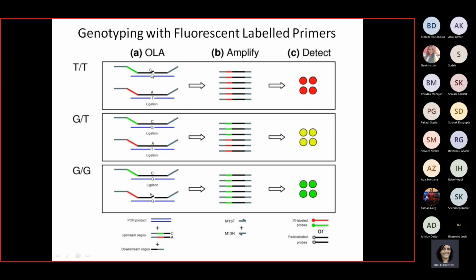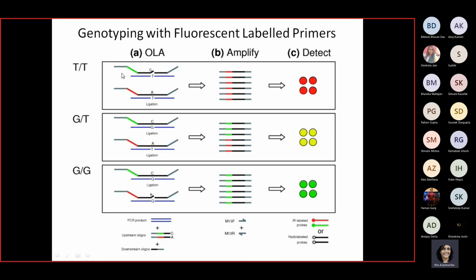Like in one case you generally see a T, while in another case you see a G. So in the other case you design another primer which ends in a C, and one primer which ends in an A, and the 3' primer, the reverse primer, is ending at the nucleotide which is next to T. So that is common for both of these.